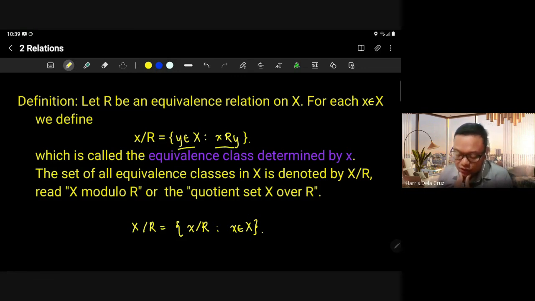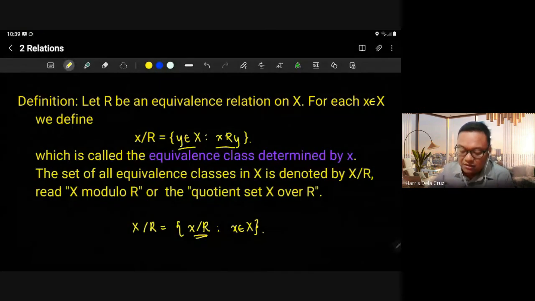So, the set of all equivalence classes in X is denoted by capital X over R. Meaning, capital X over R is the set containing all equivalence classes. So, to distinguish the two, yung small x over R, ang laman nito, mga element ni X, such that lahat ng y na yon, yun yung ka-related kay x.